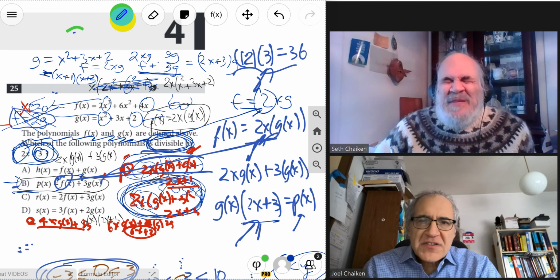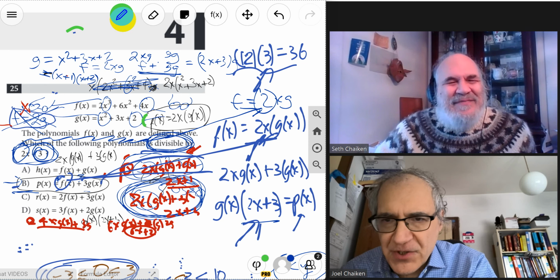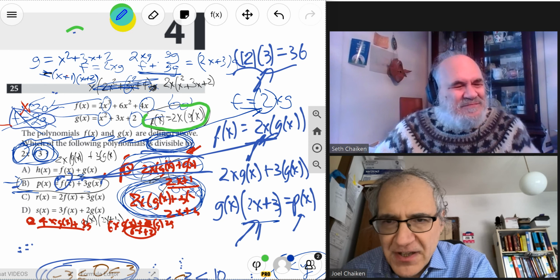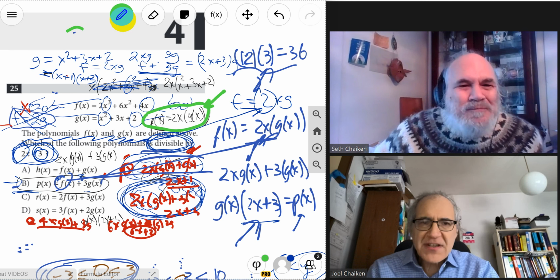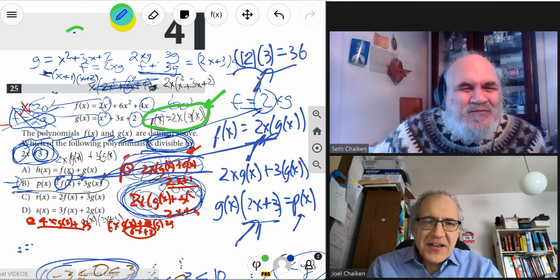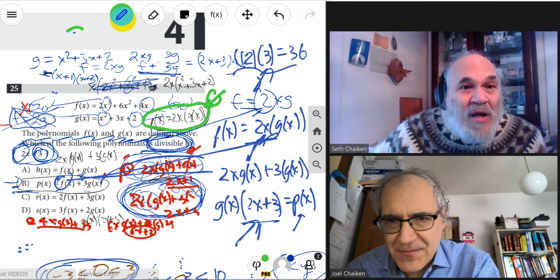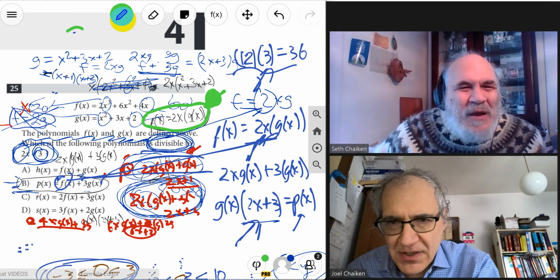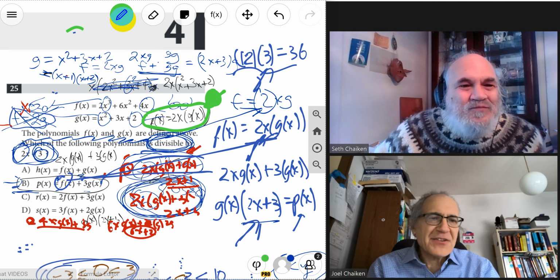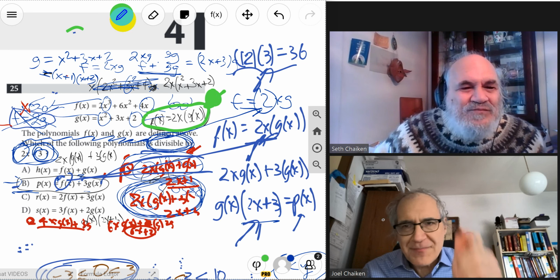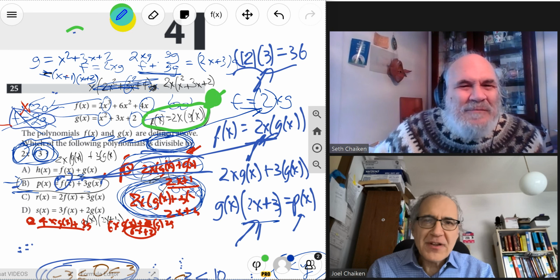But it all starts with this. If you don't factor the f of x like that, then you're never going to see the pattern. This here is the key to it all. It's like a Pavlovian response, like a dog: you see something, you factor the polynomial, and that's the secret.